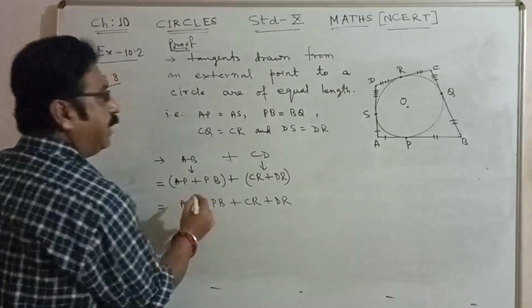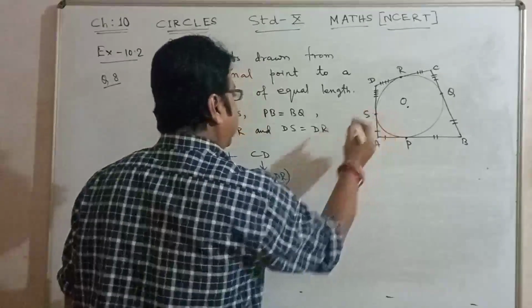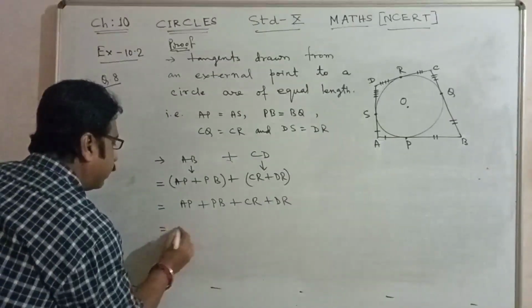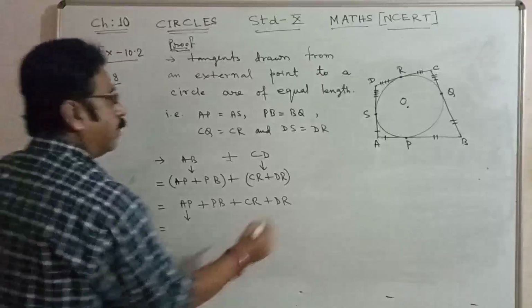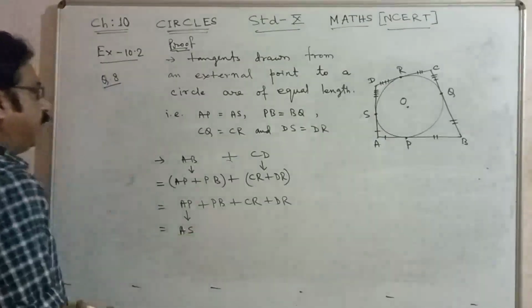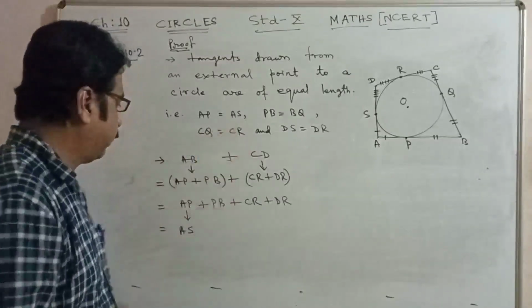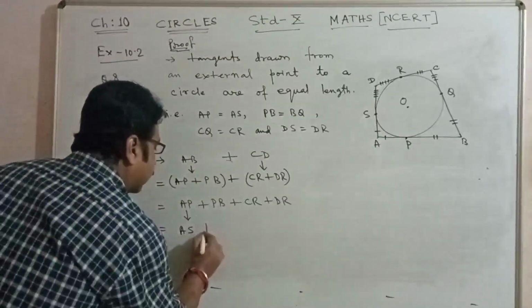In place of AP, we can write AS because AP equals AS.